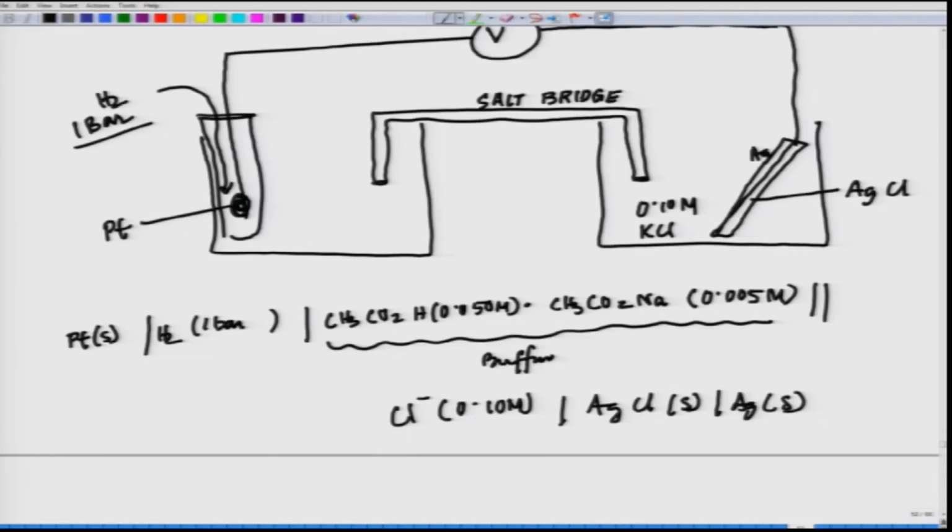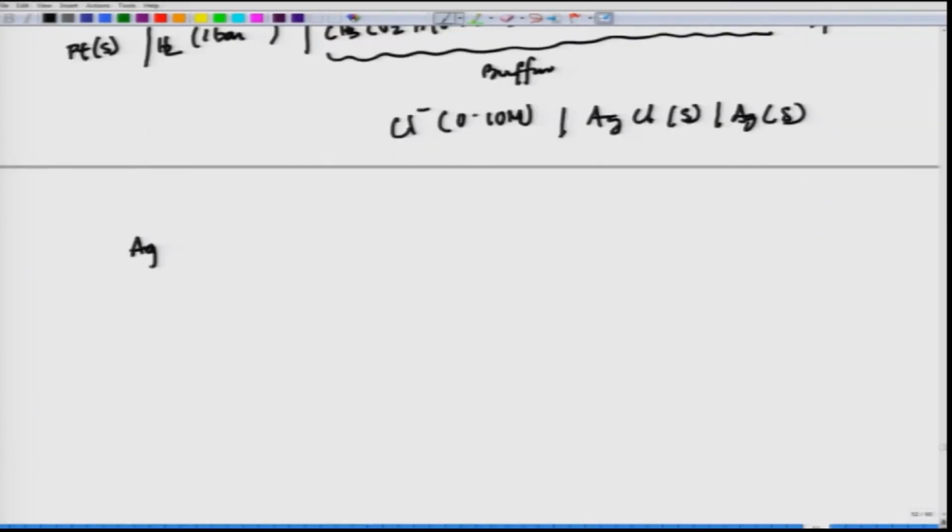Okay. So, now we allow the half cell to stand long enough to come to chemical equilibrium within each half cell. For example, on the right hand side what you are having is AgCl solid, it is coming in equilibrium with Ag plus aqueous plus Cl minus aqueous, okay, is at equilibrium.